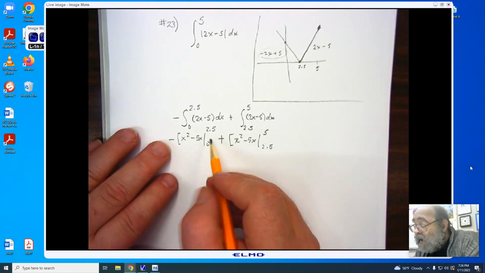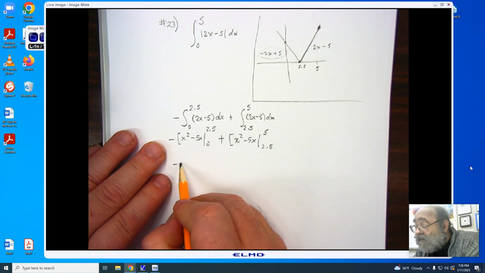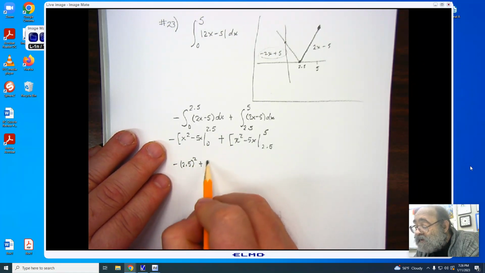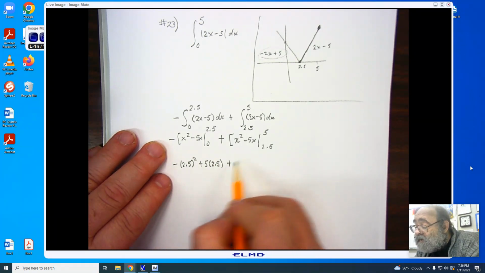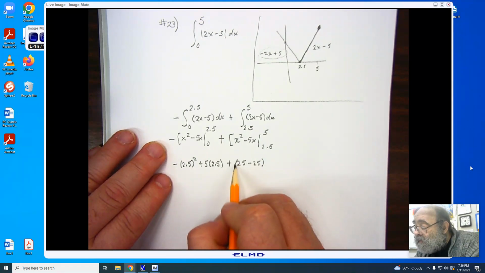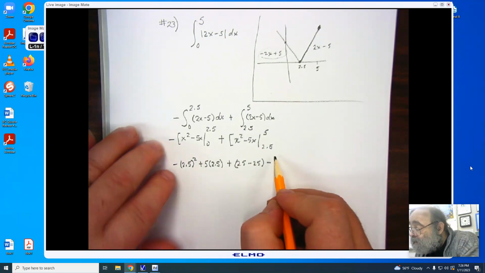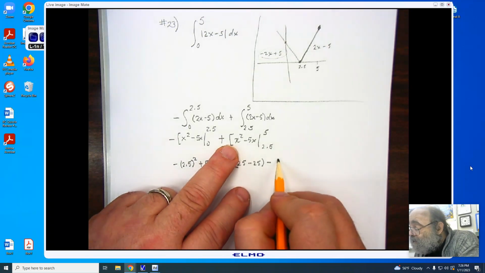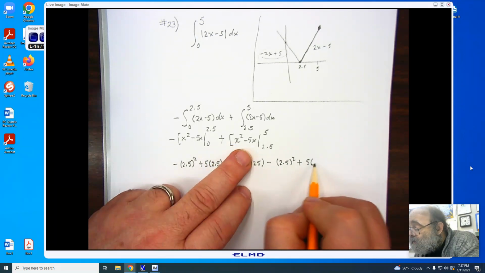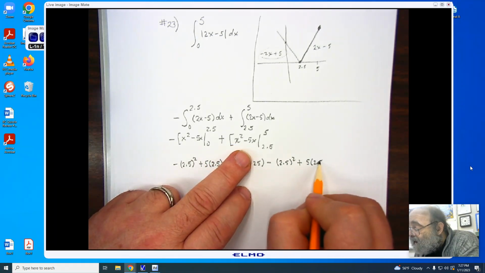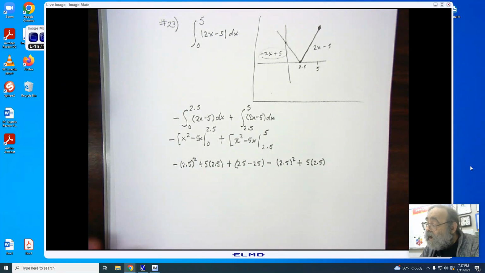Now as I do, I end up getting negative 2.5 squared plus 5 times 2.5 plus 25 minus 25 minus 2.5 squared. Double negative is plus 5 times 2.5. And this is what I'm going to work with.